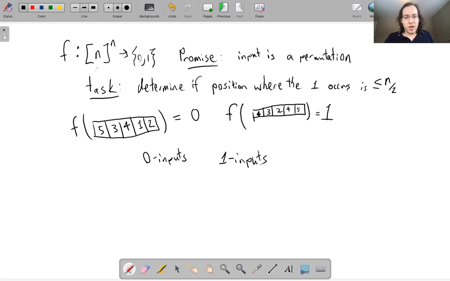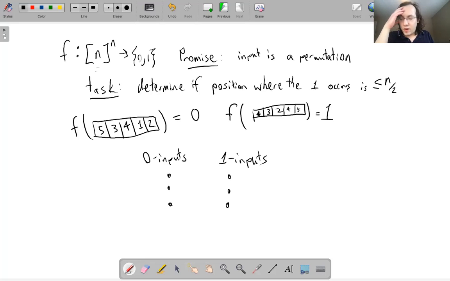Okay, fair enough. So when do we want to connect a 0 input to a 1 input? The answer is when they are as similar as possible. That's usually the answer. In this case, what does it mean to be as similar as possible?